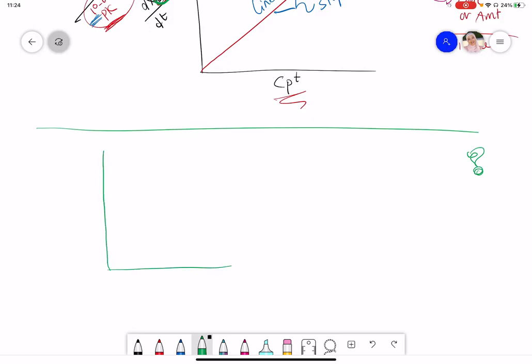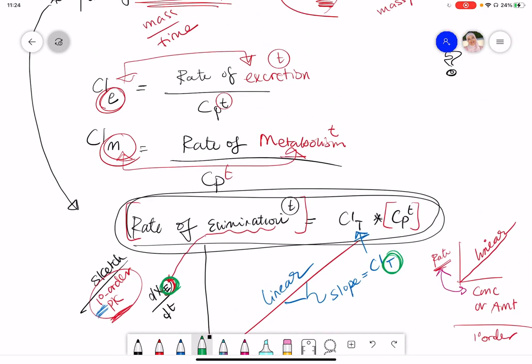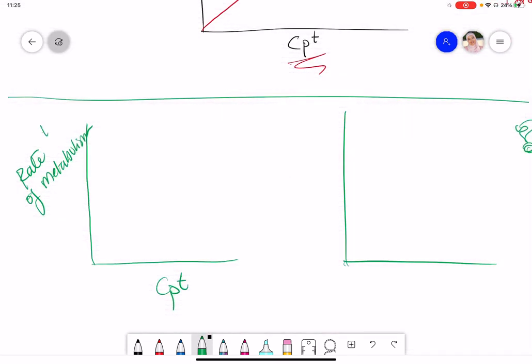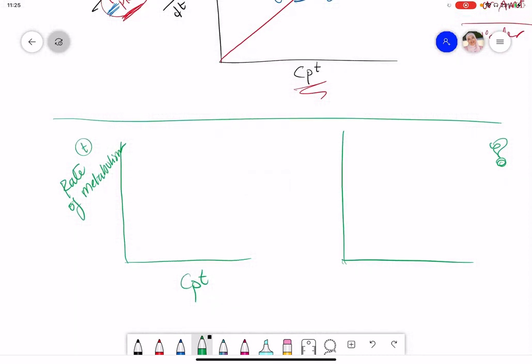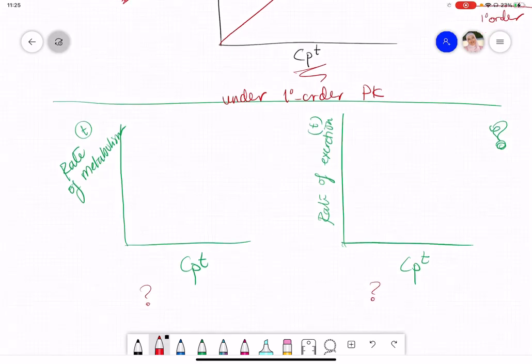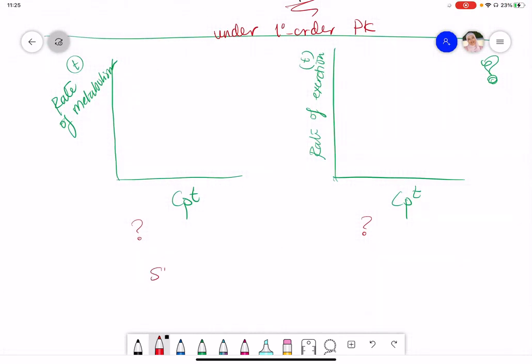If I want you to sketch the rate of metabolism of the drug versus concentration measured at a certain time, or the rate of excretion at a certain time versus the concentration of the drug measured in the plasma, and again, we are still under first order kinetics, what would be the profile in each case, and what would be the slope here and here?